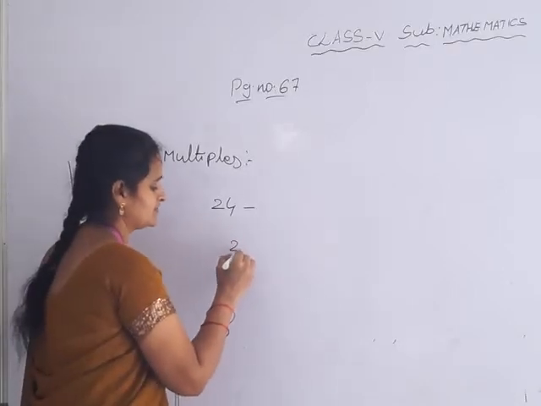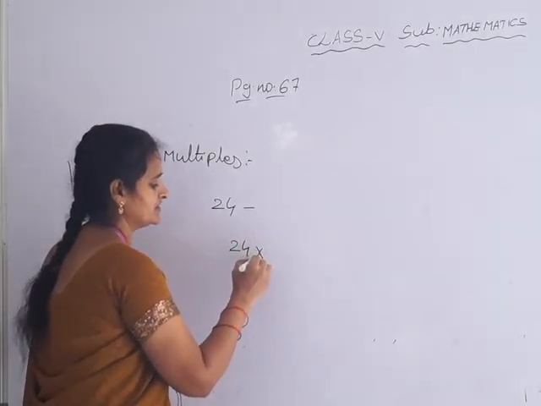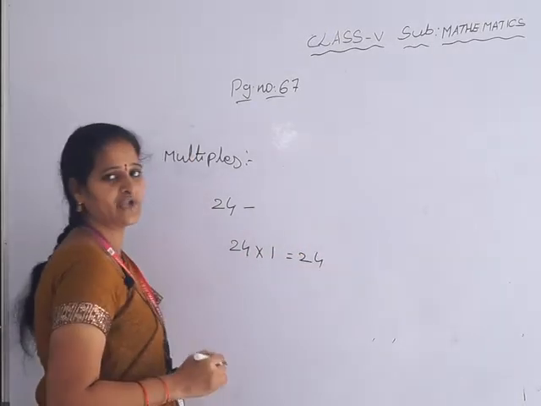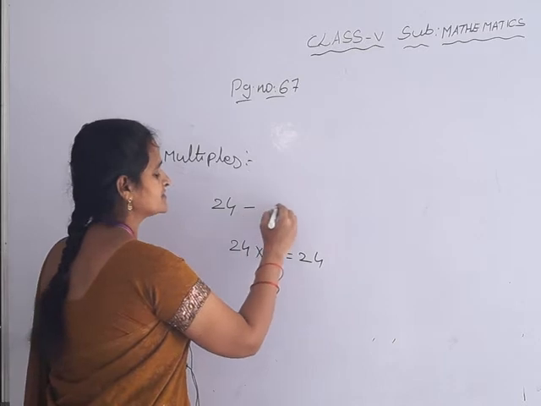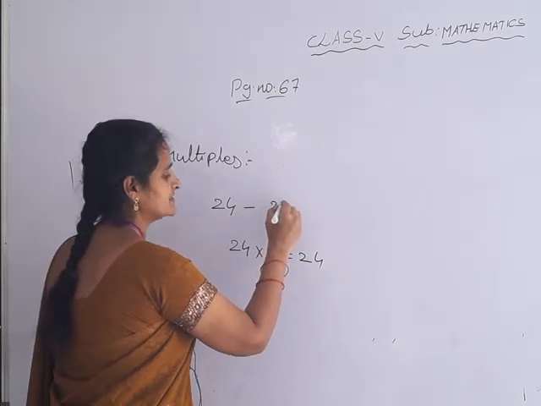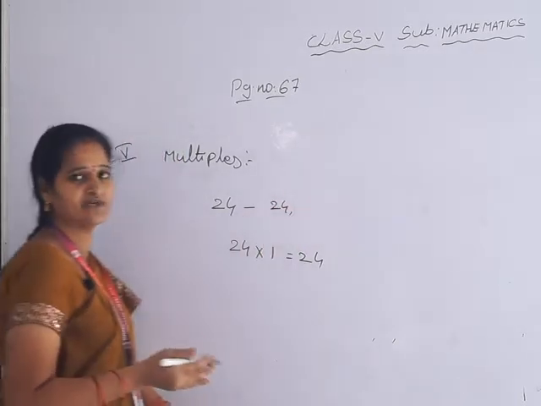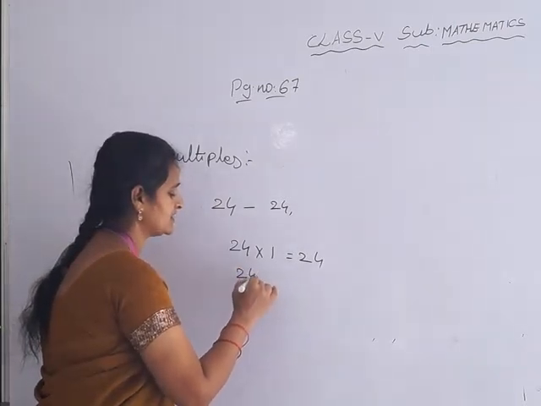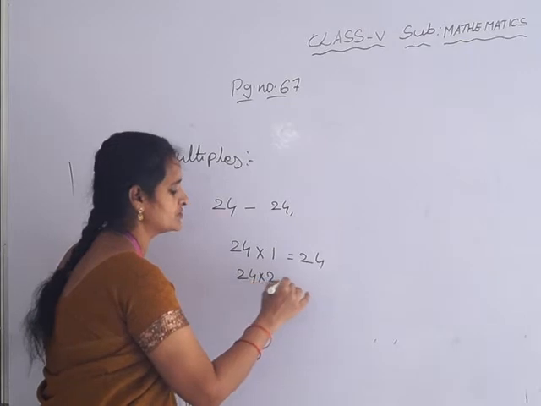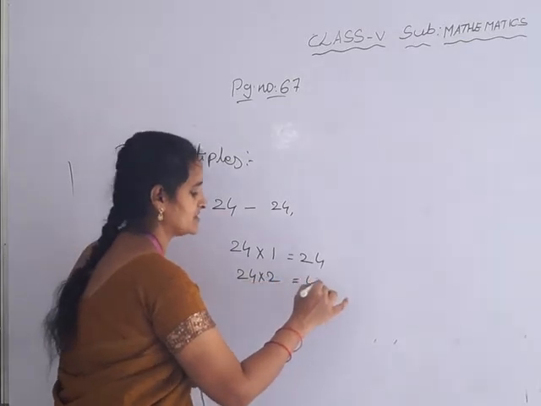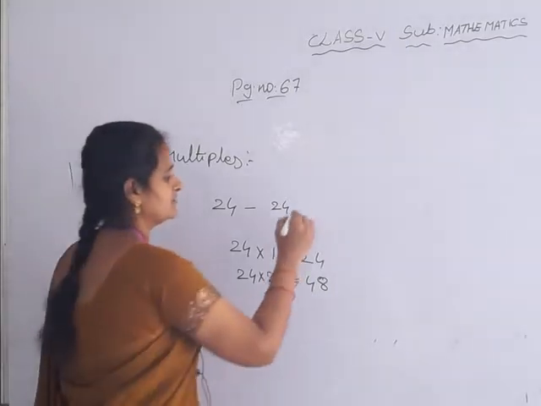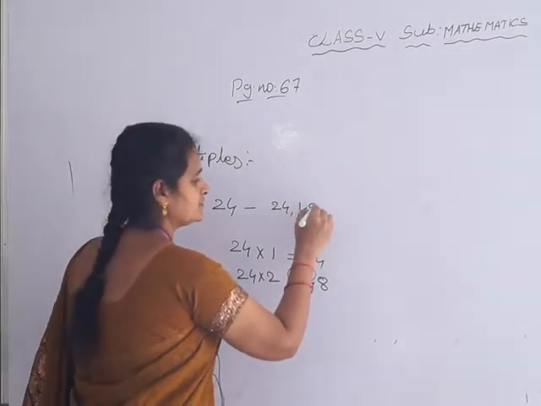First 5 multiples means 24 into 1 is equal to 24, so the first multiple of 24 is 24 only, that means itself only. Next, the second multiple is 24 into 2, that is equal to 48. 48 is the second multiple of 24.